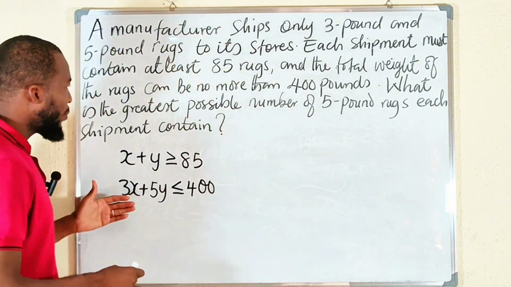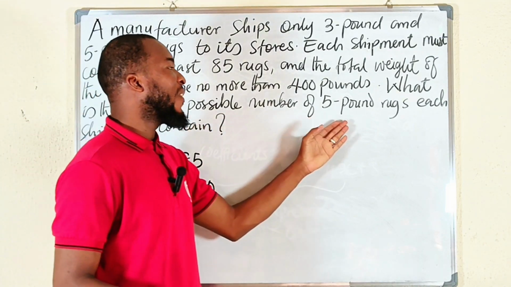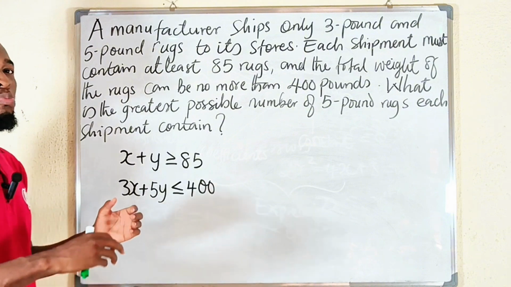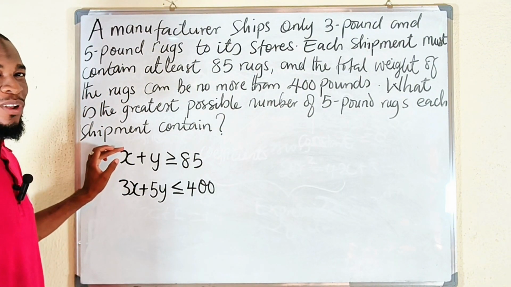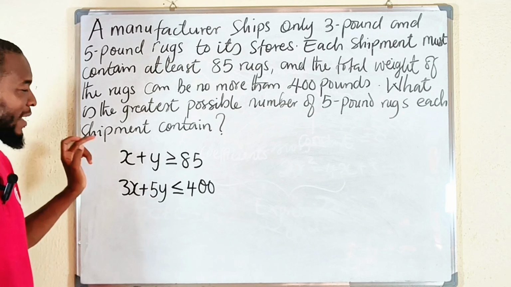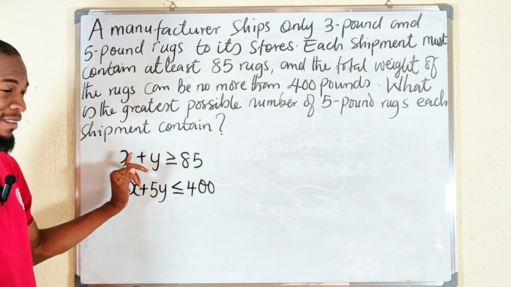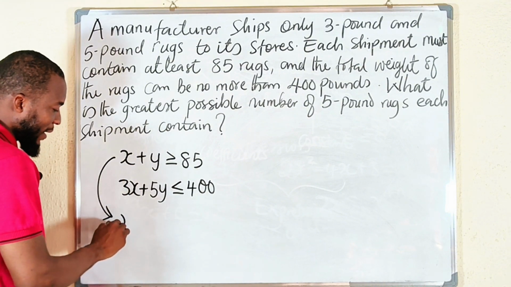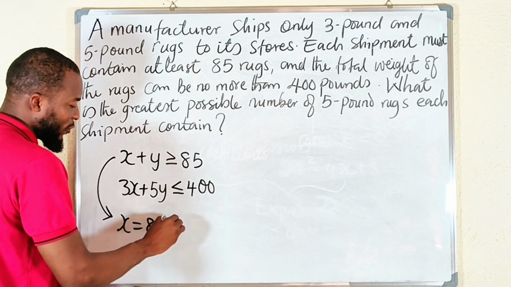But the question further asks, what is the greatest possible number of 5 pound rocks? We are talking about y here. Since we want to maximize y, we have to take the smallest value of x. To take the smallest value of x, forget about the inequality: you take x to be equal to 85 minus y.